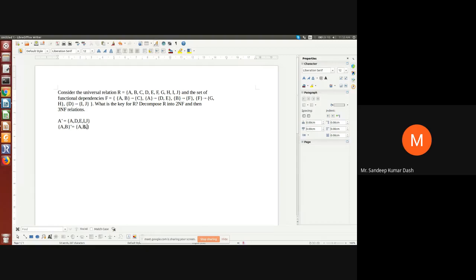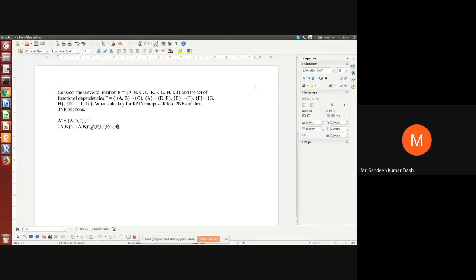Then combinedly it is deriving C, so C will be there. Then A already got D, E, I, J, so I can keep them directly. Now B is deriving anything? Yes, F will come out. F is deriving G and H, so G and H will also come in.